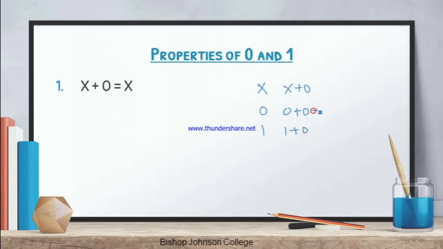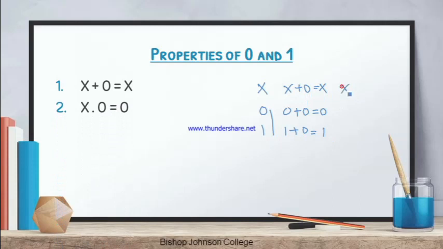And as you know, 0 plus 0 is 0 and 1 plus 0 is 1. So what is the result? It is the same. So you can say X plus 0 is X.